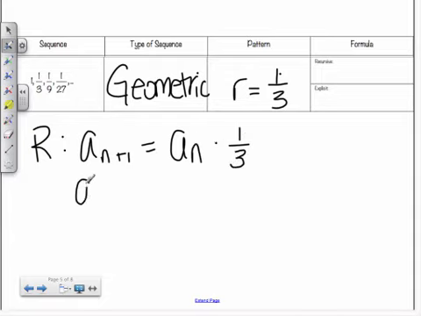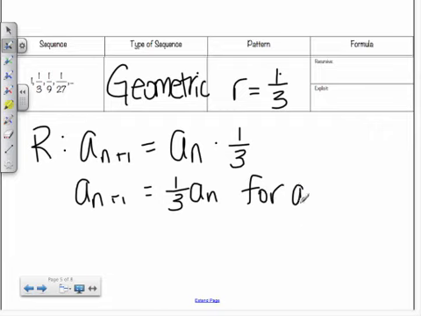So I'm going to say that a sub n plus 1 equals 1/3 of a sub n, which should make sense to you again because each term is 1/3 smaller than the term before it. Okay, for a sub 1 equals 1 and n is greater than or equal to 1.